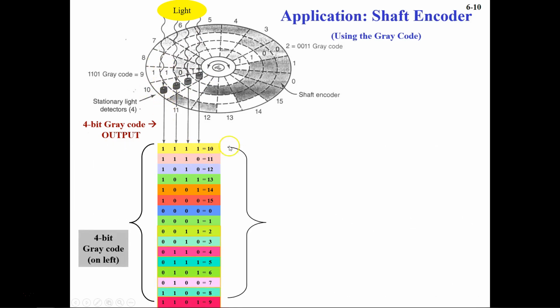As you go on, you see segments 11, 12, 13, 14, 15, and then 0 to 9, and each has its own gray code.